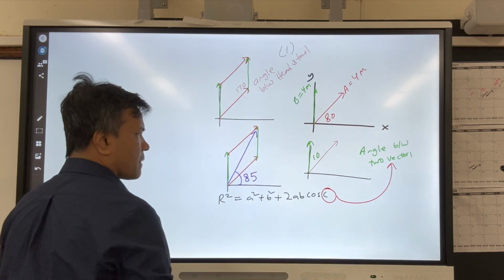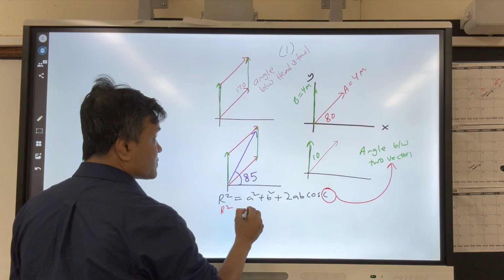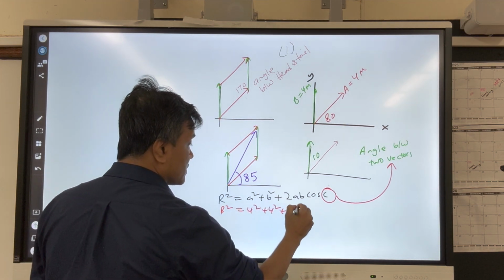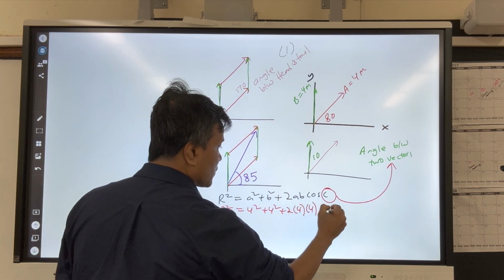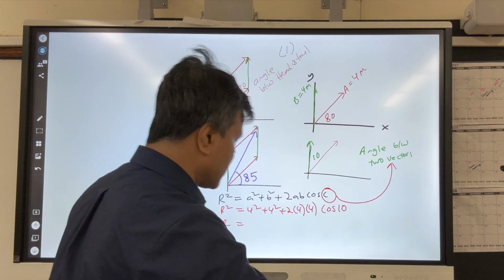This one. Good. So R squared is equal to 4 squared plus 4 squared plus 2 times 4 times 4 cosine 10. So then R is what?